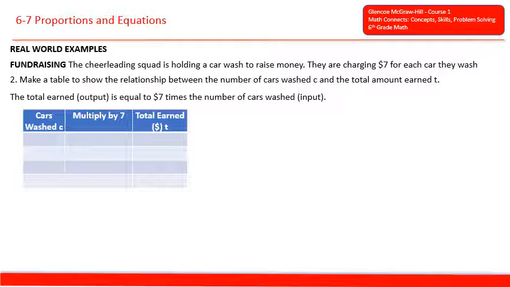So notice that instead of X, we have cars washed, C. So we can label the input and output whatever we need to represent the real world situation. We still have multiplied by 7, and then where Y was, we have total earned in dollars, T, for total.